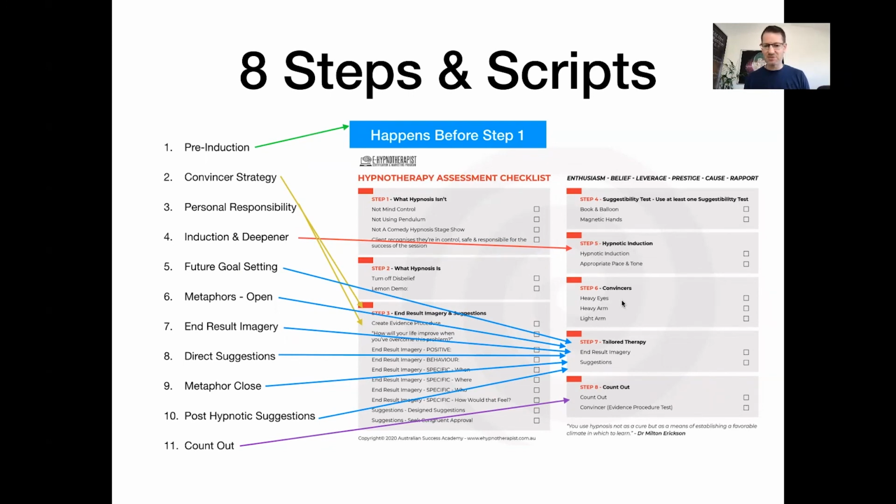And then you go into the convincers, and then you've got the tailored therapy. This is where the bulk of the script comes in. As you can see, all the arrows pointing to that. So you've got end result imagery, suggestions. So you've got your future goal setting, you open your metaphors, end result imagery, direct suggestions, close the metaphor, post-hypnotic suggestions, and then you're into step 8 to count them out. So that's how the two blend together or merge together.